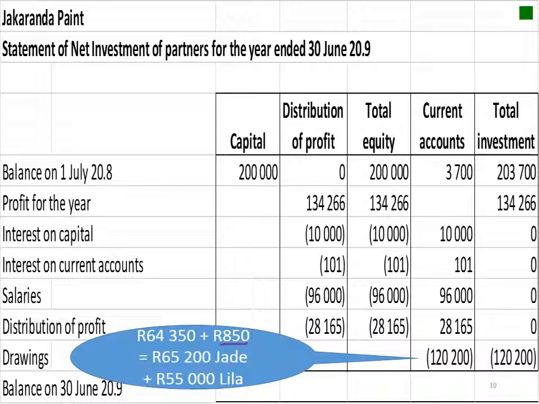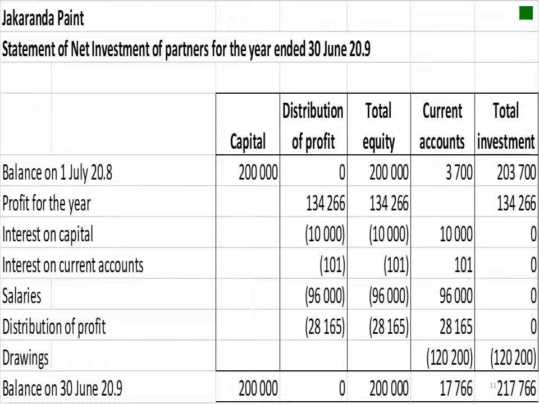The current accounts normally have a credit balance. It's all the amounts we owe for profit, interest, and salaries, and we've subtracted the drawings from the total we owe the partners. So then you will see, if you look at the balances of the net investment statement, we've got the capital that was introduced by the two partners.